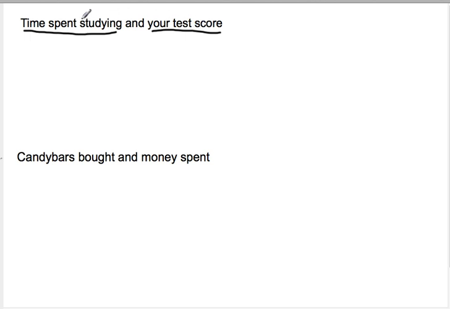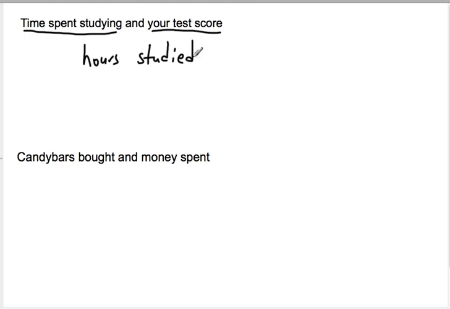So for instance, let's say you expect to get a 60% on a test if you studied for no time at all. But for each hour you study, so we could say hours studied, you expect to get 5% more on the test.